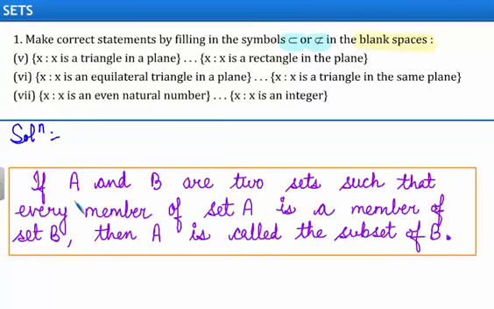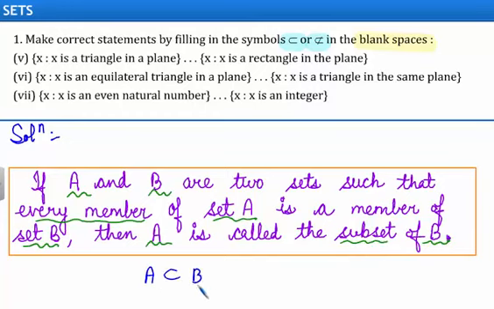If set A and set B are two sets such that every member of set A is also a member of set B, then set A is called the subset of set B. And we denote A is a subset of B this way.